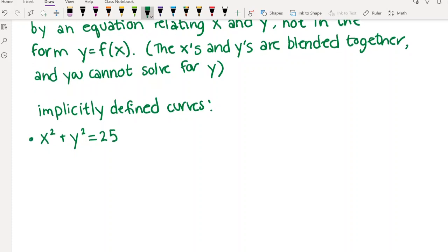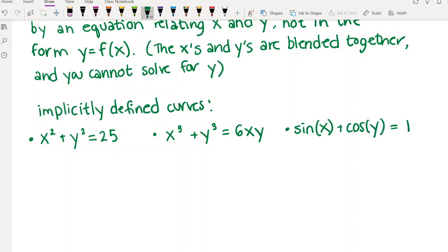Another example would be x cubed plus y cubed is equal to 6xy. Another example would be sine of x plus cosine of y is equal to 1.